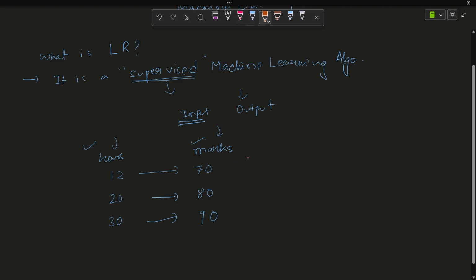So what does it mean? Marks is the dependent variable, as it is dependent on hours. And you can call hours the independent variable, as it is not depending on anything.